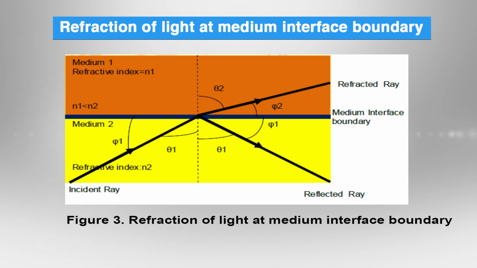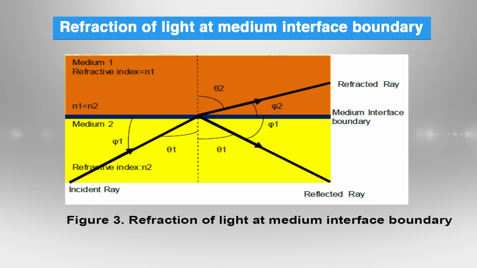This means the same optically denser medium may have different critical angles with respect to different optically rarer media. If theta 1 is increased beyond the critical angle, there exists no refracted ray, and the incident light ray is then reflected back into the same medium. This phenomenon is called the total internal reflection of light.